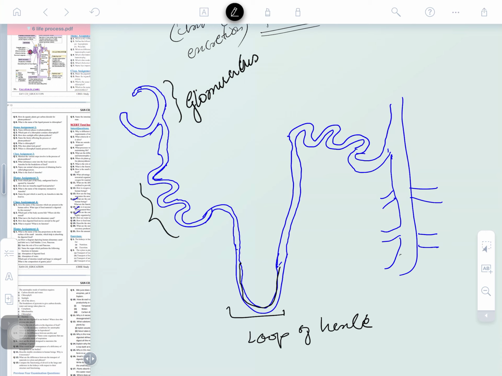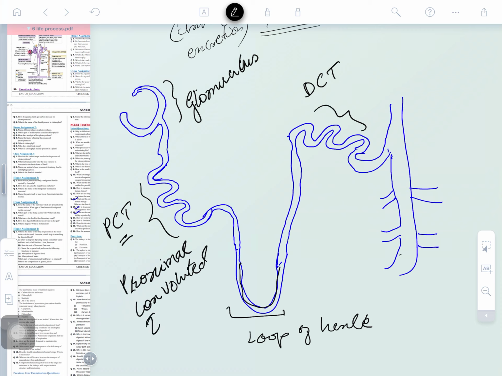And this portion is called PCT, and this is called DCT. PCT is the proximal convoluted tubule. This is the loop of Henle.